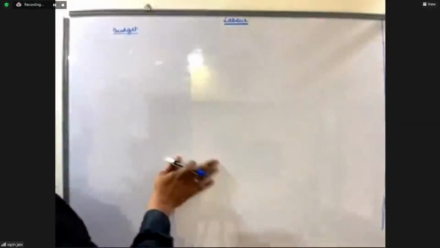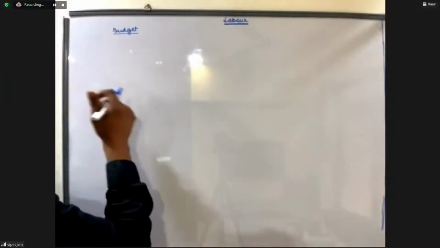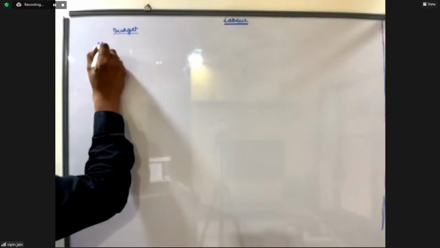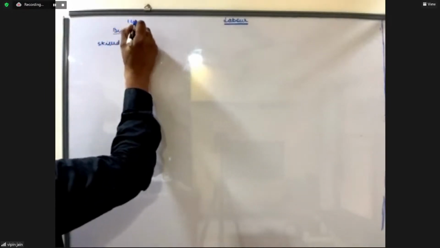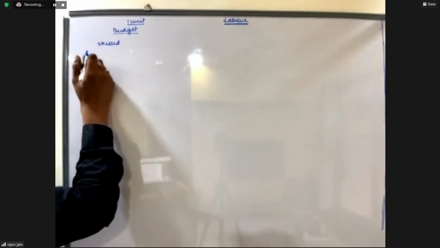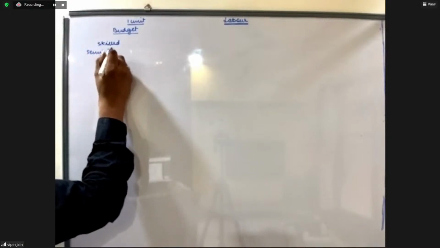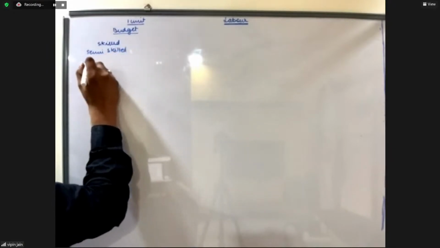So let's say the budgeted data is given wherein we are manufacturing a particular product and 3 types of labor are required for manufacturing 1 unit of the product. Let's say 3 types of labor workforce are required, that is skilled, semi-skilled, and unskilled.